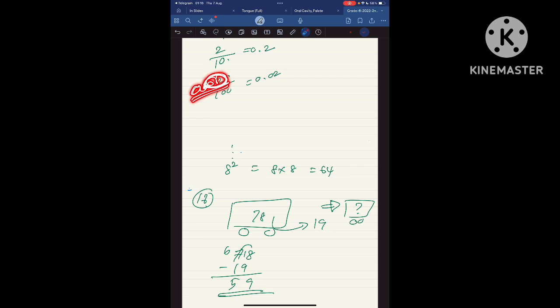So 0, this is the decimal point, and 02. 0.02. Or else you can count this way also. How many numbers are there after the decimal point? 2 numbers. Okay. So see, 1 number, second number, the decimal point should be kept.